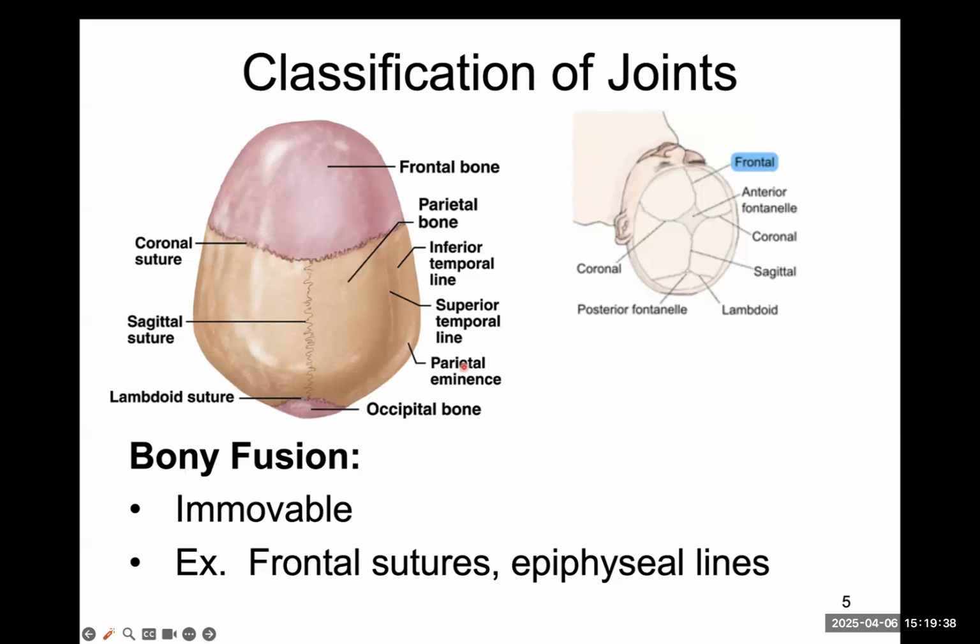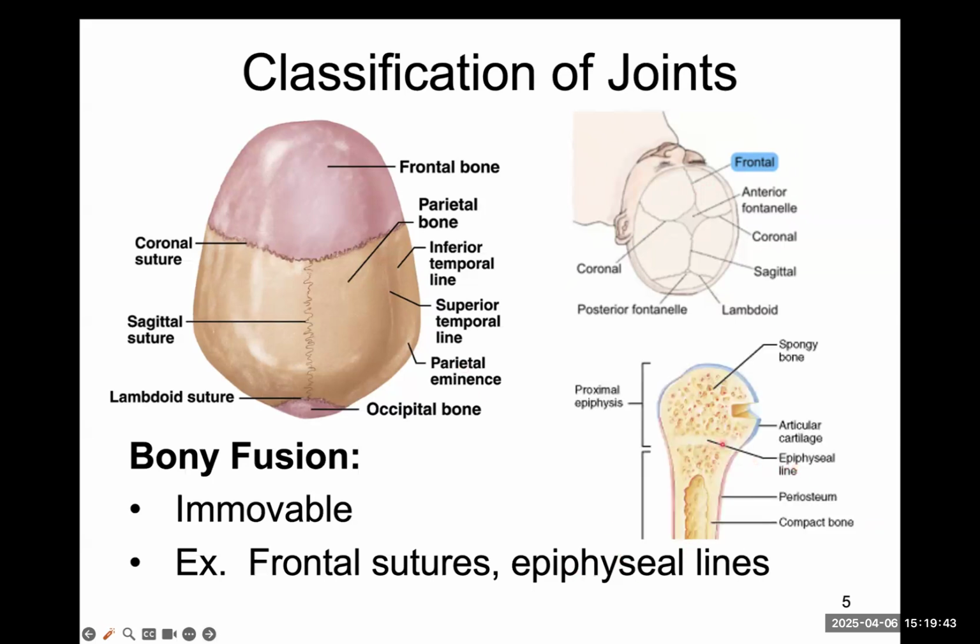The other place where you find bony fusion is in your growth plate, the epiphyseal lines. When you're growing, you have a growth plate, and this is considered to be a joint because it's separating the epiphysis from the metaphysis. As you get older, the cartilage goes away. There's cartilage found here, and as it goes away, it becomes a line.